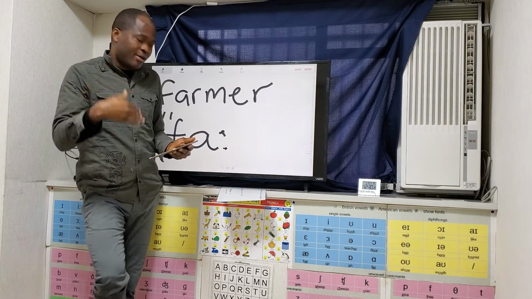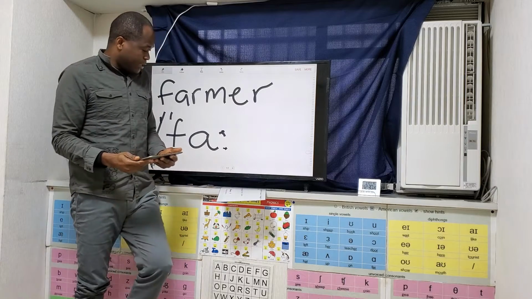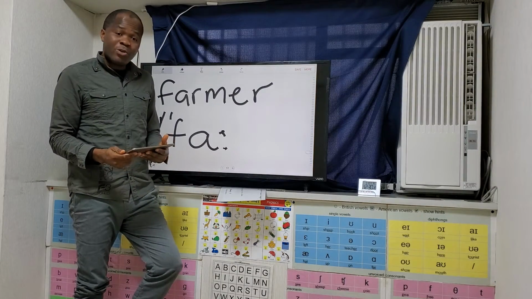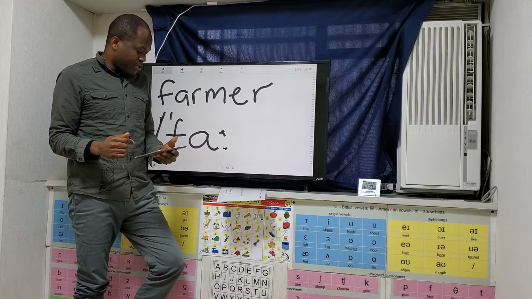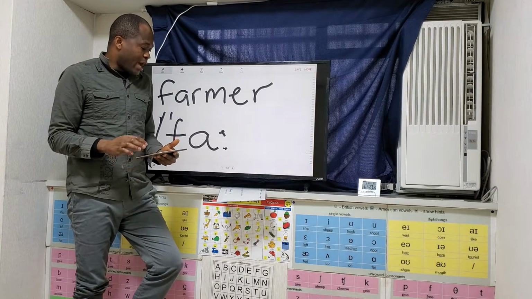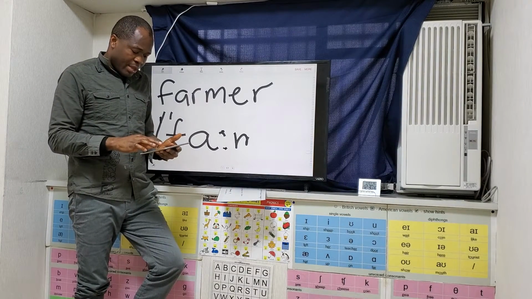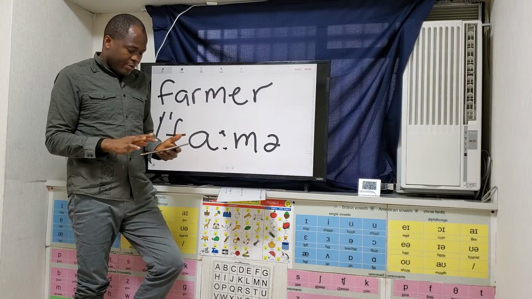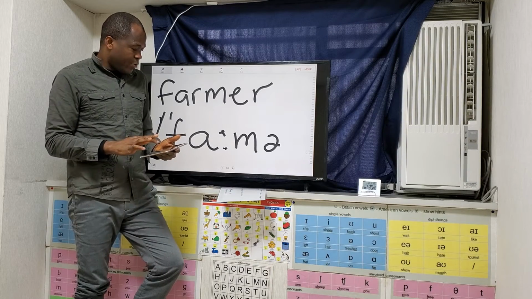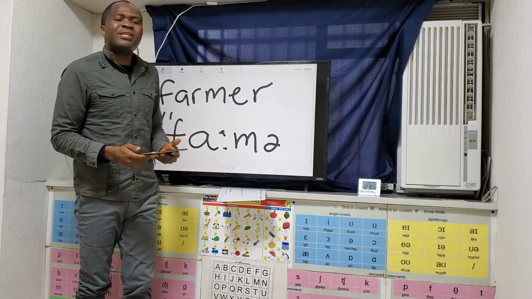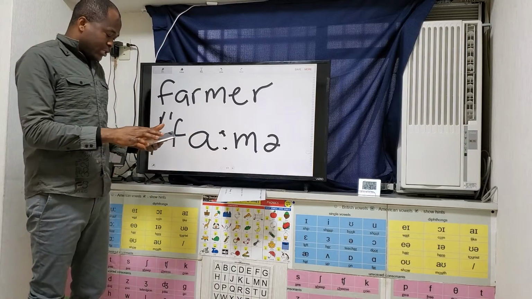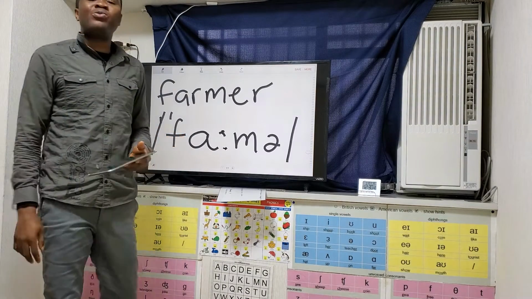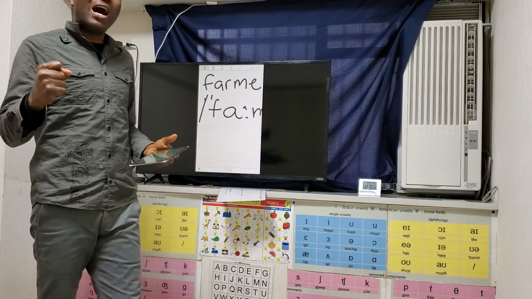Now let's look at the phonemes, the transcription of the sounds. Then we're going to have our M and the last sound. Farmer. Now, how many syllables? Before we can deduce syllables, we need to count the number of active vowels.